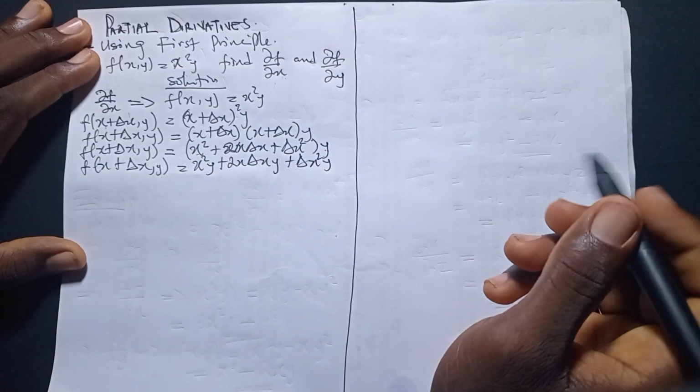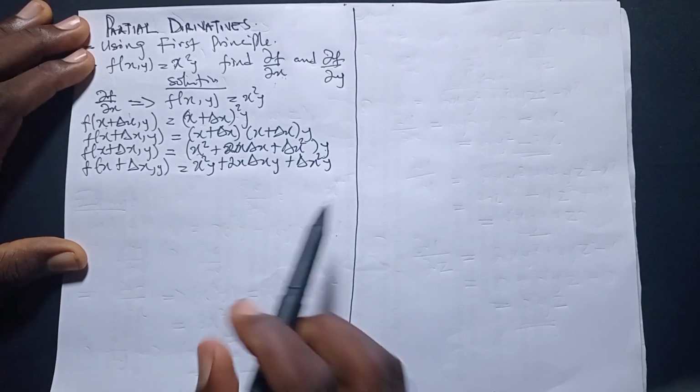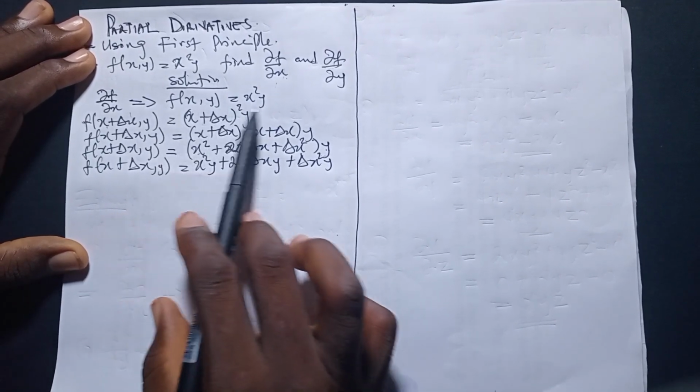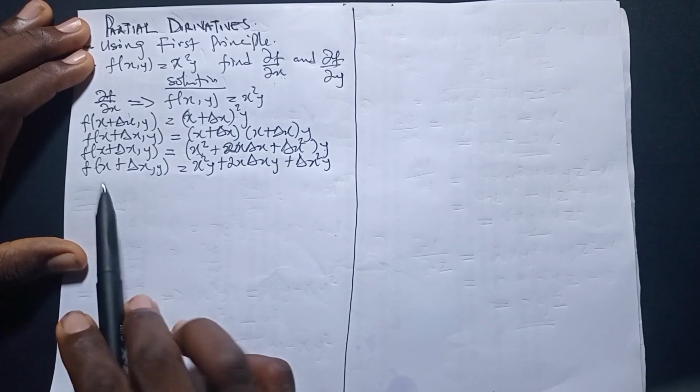Now the next thing to do is to subtract from both sides what is given. This is what is given, so you subtract it from both sides.